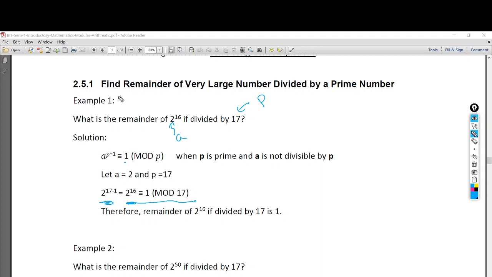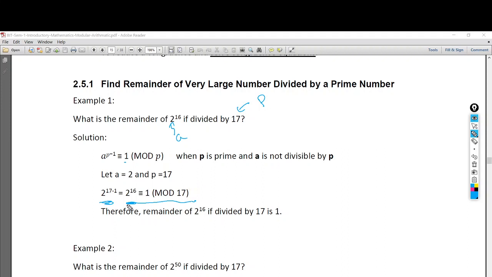We took p as 17 because this is to do with 17, and a as 2 because this is to do with the 2 to the power. So from Fermat's little theorem we get 2 to the power 16 equals 1 mod 17.